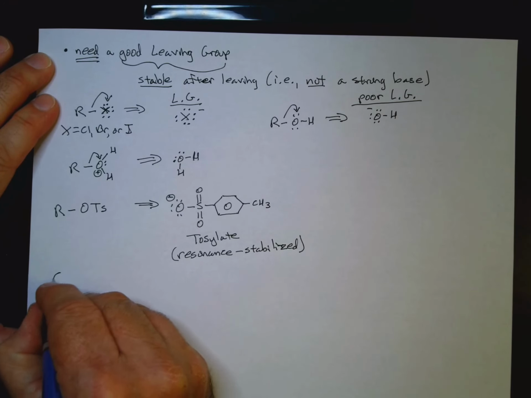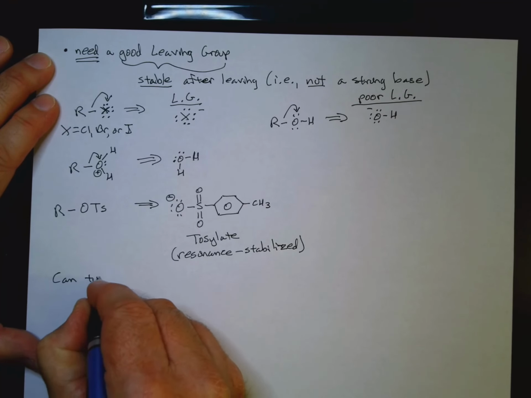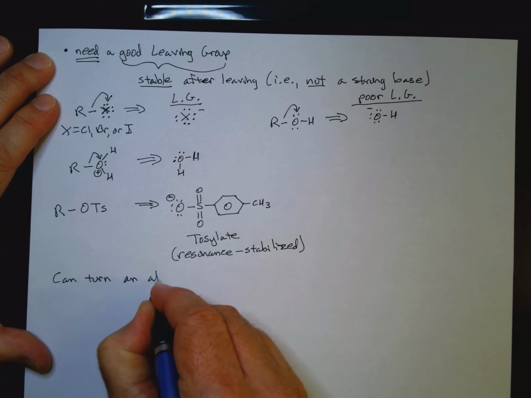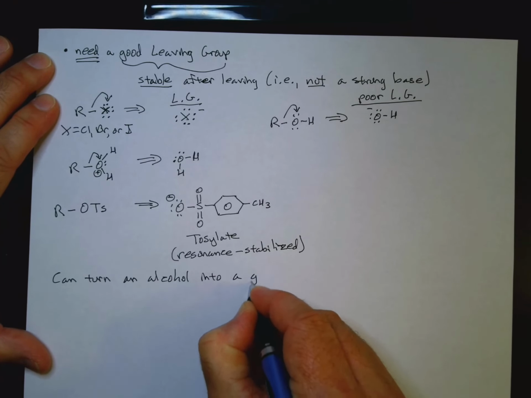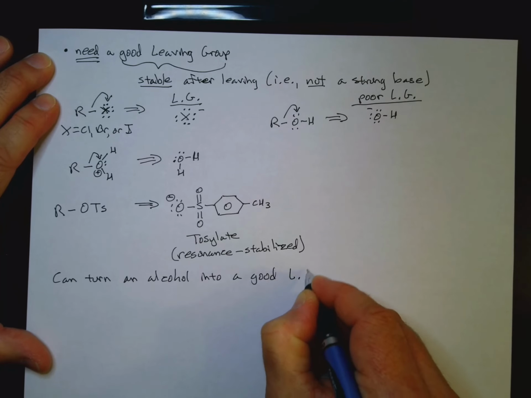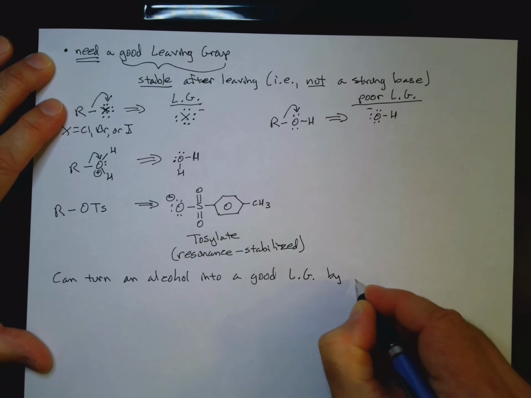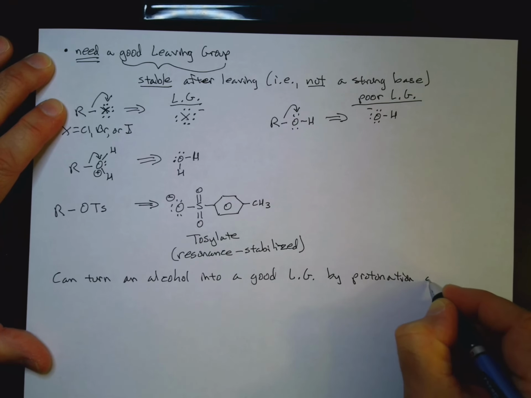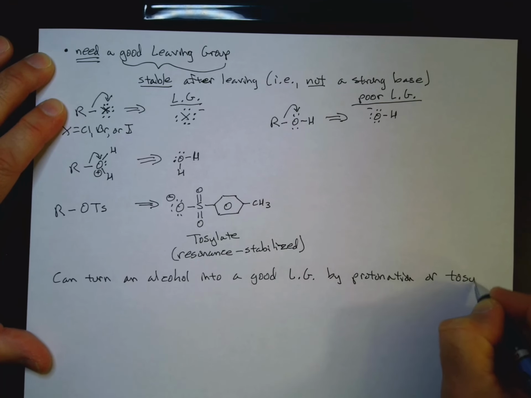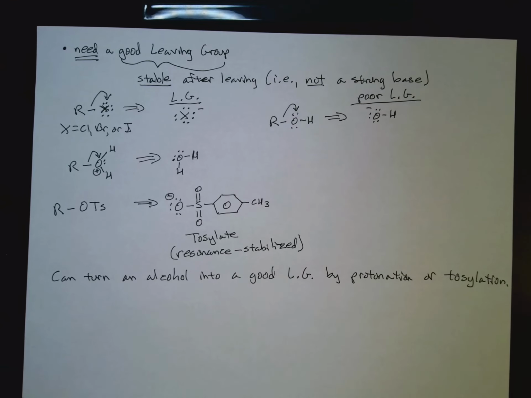So you can turn an alcohol into a good leaving group by protonation or tosylation. Okay, so let's take a look at those.